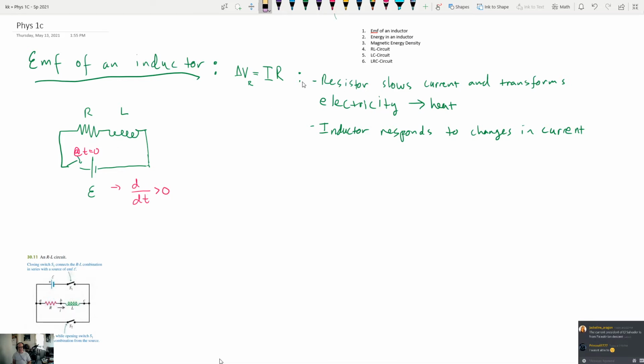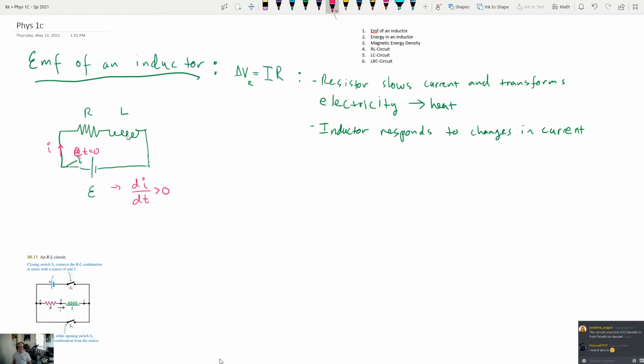Let's use a little i right here. So we close the switch at t equal to 0, and that means there's going to be a current flowing through our circuit that we call little i. Because we close the switch, di/dt is going to be positive, so the current is growing over time.